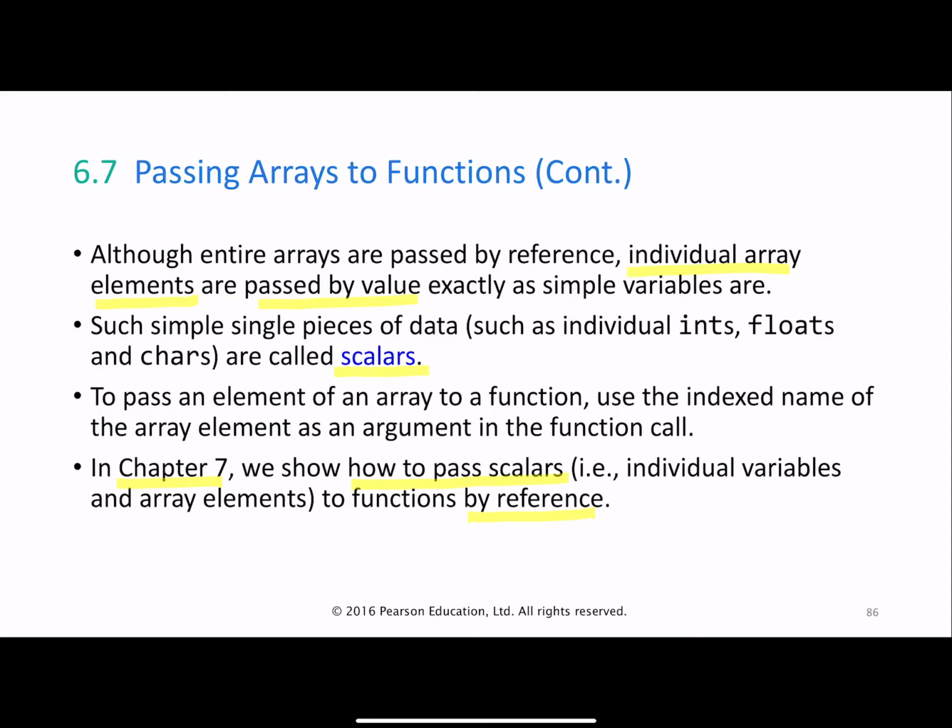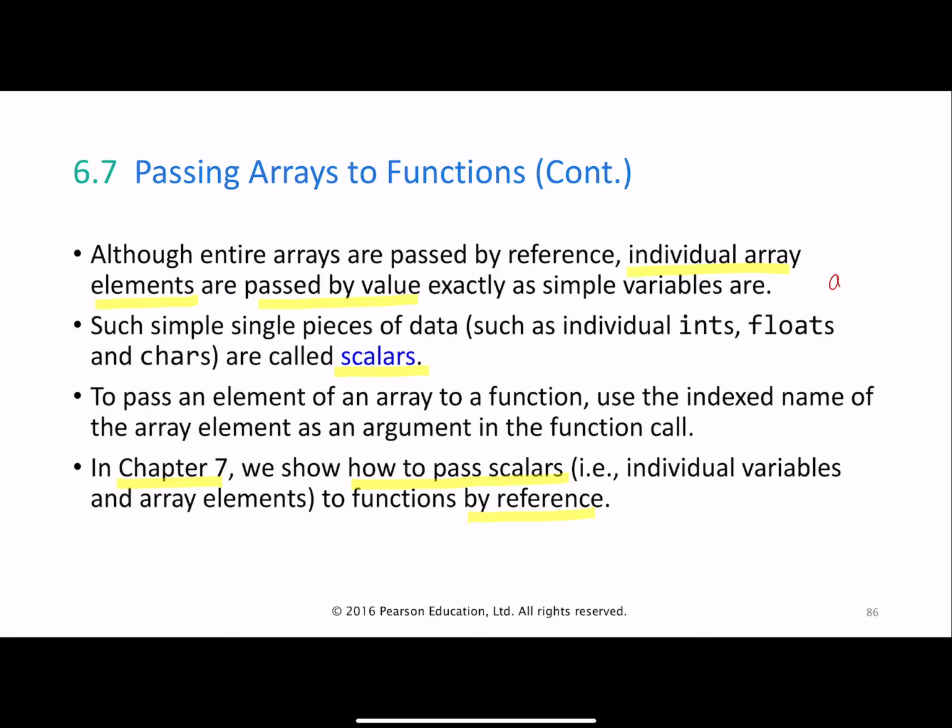Now, although when you pass an entire array, it is passed by reference, you could pick out one element of an array, one, not two, just one, and pass that by value. You can, of course, do that by simply referring to that element.